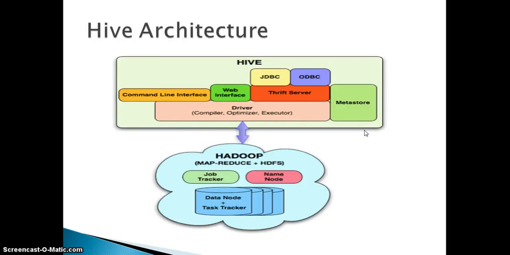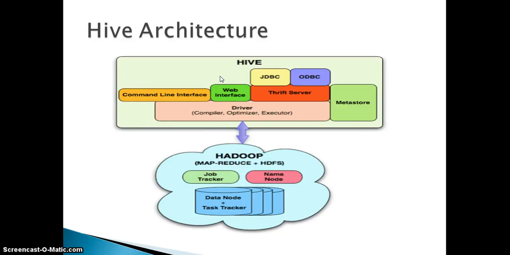Before that, let's quickly concentrate again on the ways of accessing Hive. The ways of accessing Hive are using your command line interface, web interface, or the thrift server. Once you connect and submit your queries, the driver will come into the picture, which is a combination of compiler, optimizer, and executor.